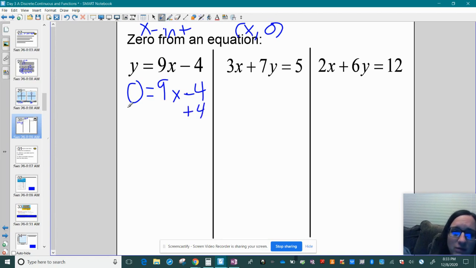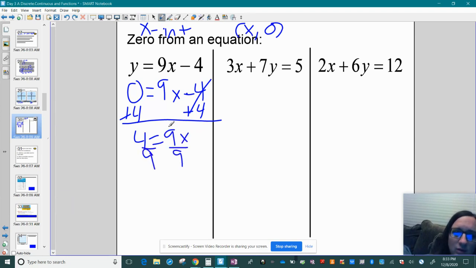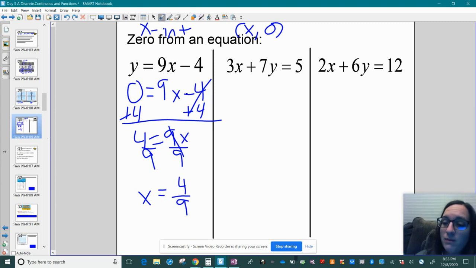We can add 4 to both sides, which gives us 4 equals 9x, and we can divide both sides by 9, which leaves us with x equals 4/9. If you divide that, make sure to put the repeating bar over the 4 to write it appropriately.